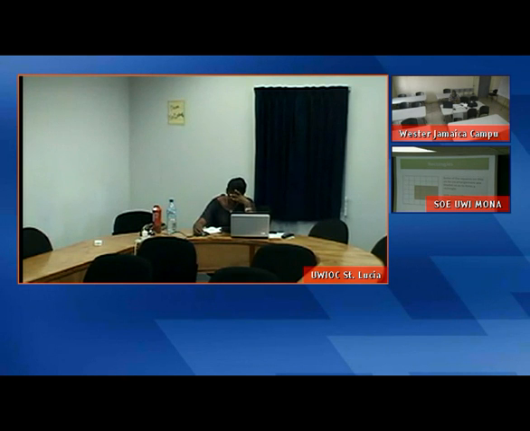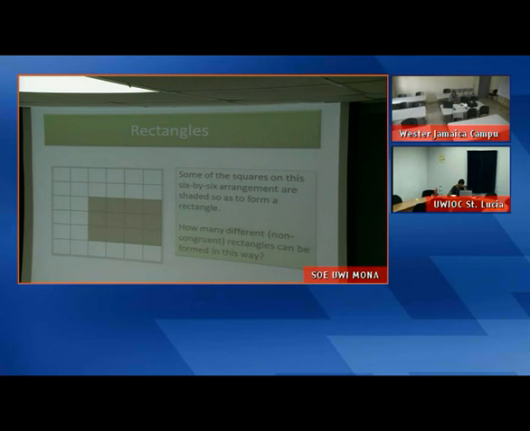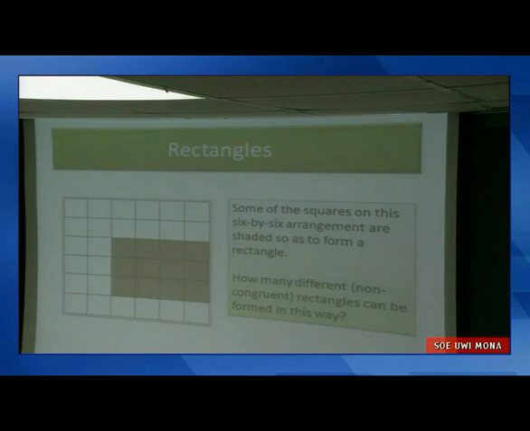All right. The final problem: we have some rectangles, and we want to find out in this square that we have, a 6 by 6 square, an arrangement where I've shaded some of the unit squares, and they form a rectangle. How many different, non-congruent rectangles can be formed that way?